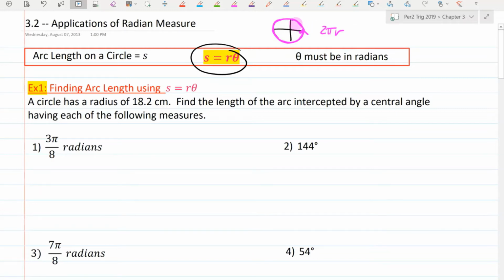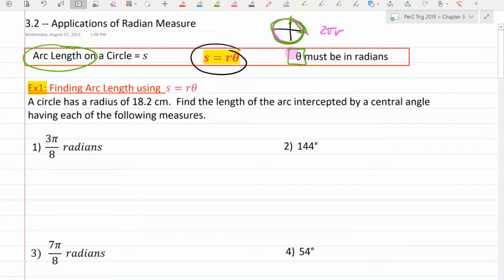Now, if we only want to find a section of that, then it's called an arc length. So you're basically finding a piece of the circumference, and circumference is just another word for perimeter of a circle.